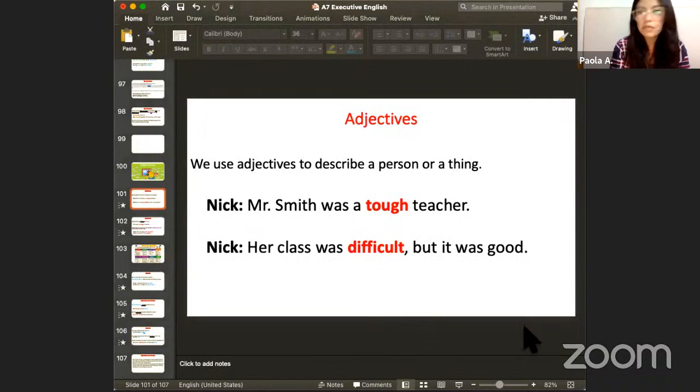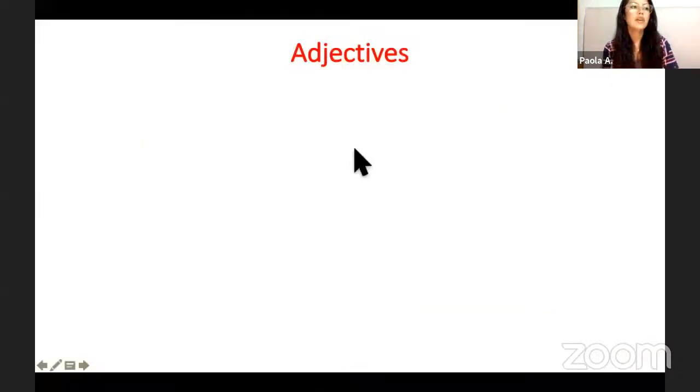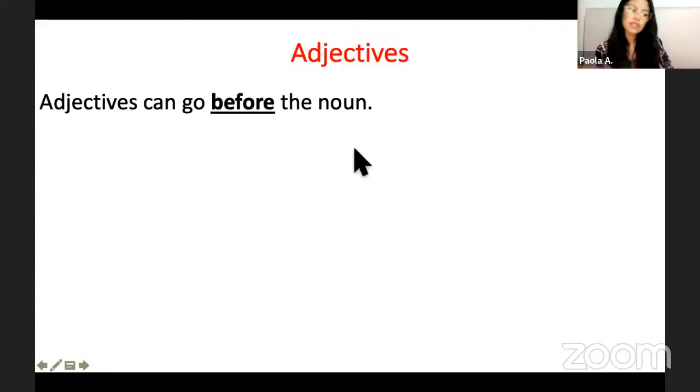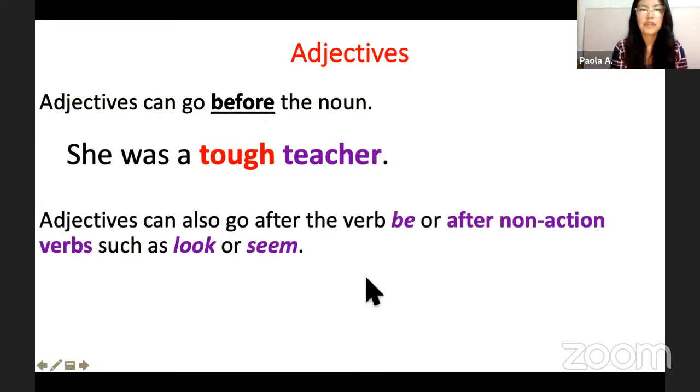So let's remember just the form of the adjectives. The adjectives are the topic that we've seen before, right? They go before the noun, right? Remember, this is the noun. It could be a thing or a person. It goes before it, like tough teacher.